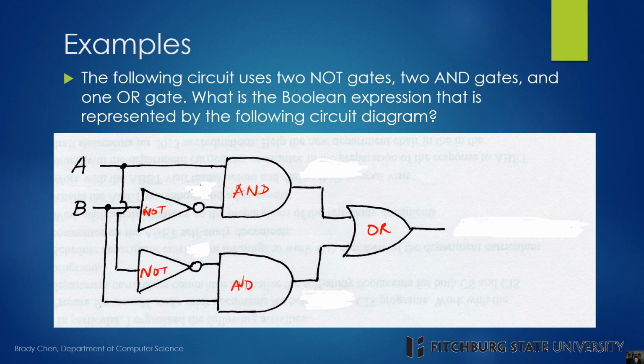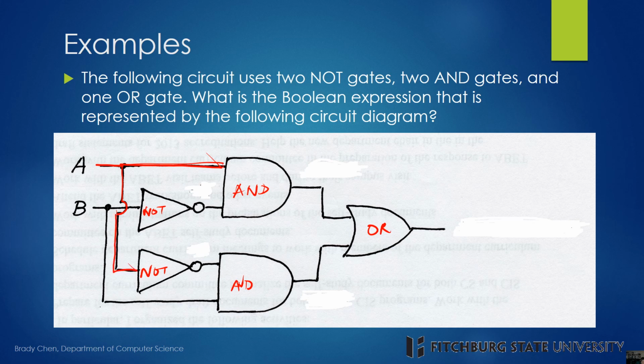To do this, we need to start from the inputs. There are two inputs, A and B. Each input is going to lead to one of the gates. We start from the simpler one. Suppose we have A, that's the input A. A is split into two, one goes to the AND gate, the other one goes to the NOT gate.